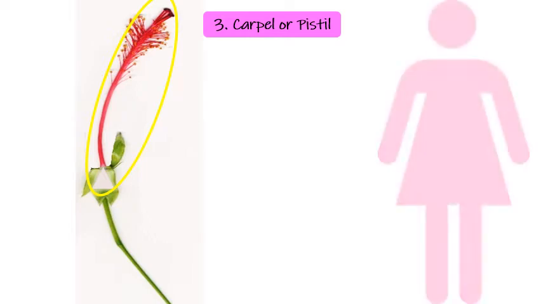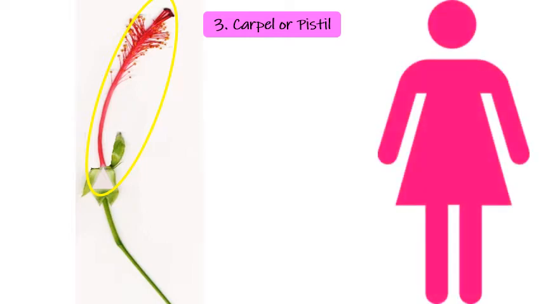So, this part is called the carpel or the pistil, and actually it's the girl in the flower. It's the female part in the flower. As you know, to bring babies, a man must marry a woman, right? So a male must meet a female.